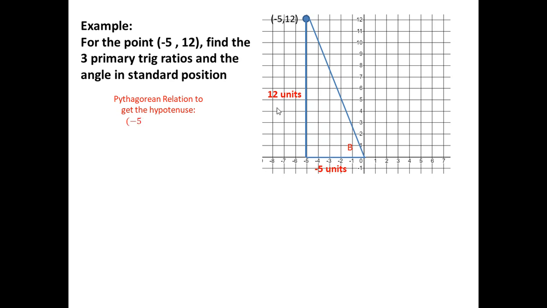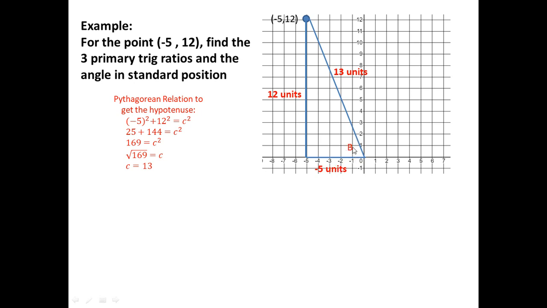So -5 squared plus 12 squared equals c squared. 25 plus 144 is equal to c squared. 169 is equal to c squared. Square root of 169 is c. c is equal to 13. So we have 13 units for our hypotenuse.